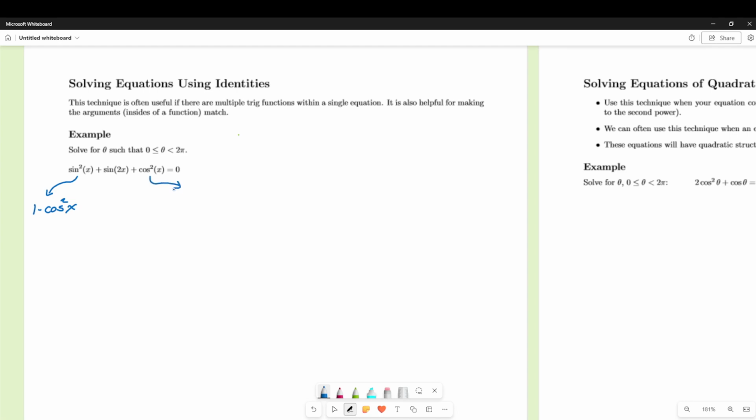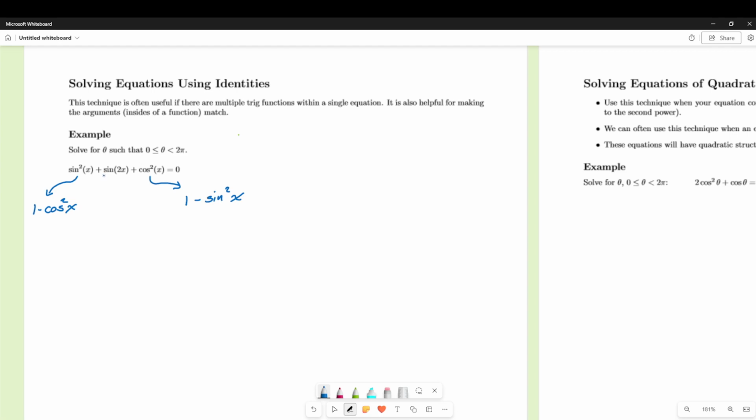Similarly, this cosine squared x, seeing a squared trig function, should bring the Pythagorean identities to mind. So that might be helpful. It might not. Doing one of those but not the other might be nice. Who knows?